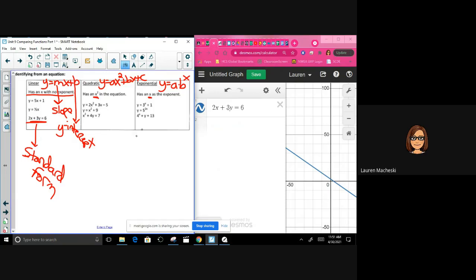Remember, with an exponential, if your b is greater than 1, it's going to be a growth. If your b is less than 1, it's going to be a decay. Your a is called your initial value or your y-intercept.